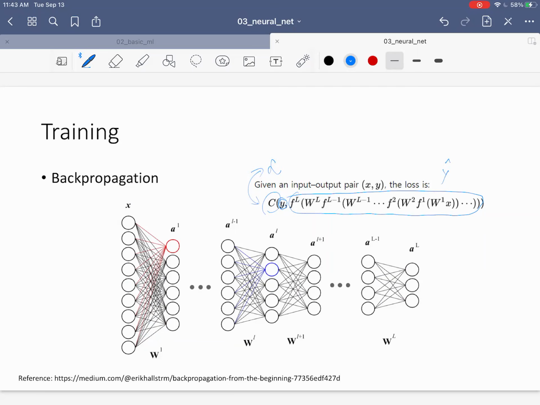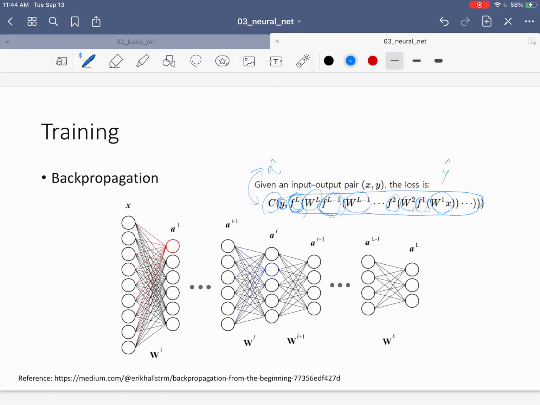And you can rewrite your Y hat as a nested function of neural network layers. This is your first layer with an activation function. Then you multiply that with your second layer with the second activation function, all the way to the L-1th layer with the L-1th activation function, then the final layer and final activation function. Usually, if we're doing binary classification with binary cross entropy, then your final activation function has to be the sigmoid function, right?